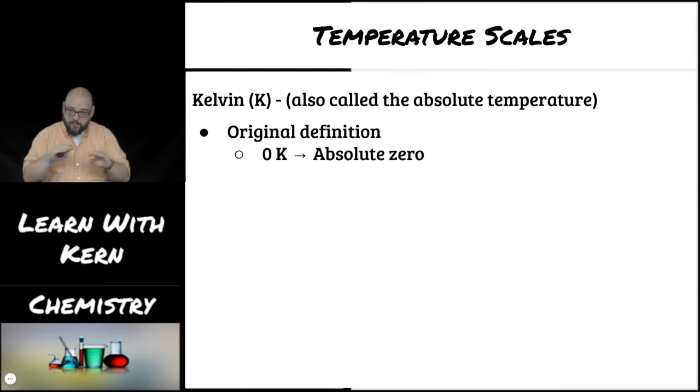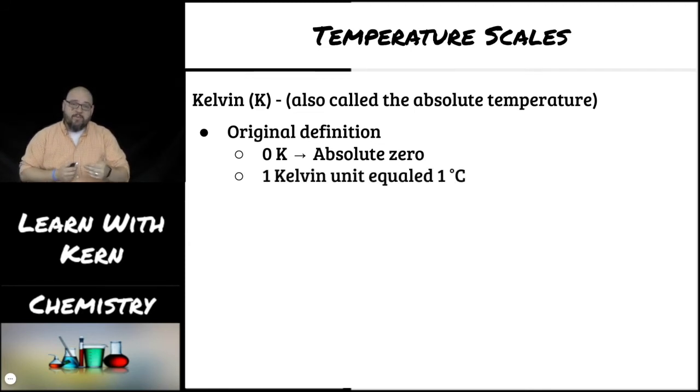It cannot go less than that, because again, temperature is the measure of all molecular motion. Well, if at absolute zero molecular motion stops, then you can't have negative molecular motion, and so you can't have a negative temperature. And that's what makes the Kelvin scale very, very useful: it can't be negative.